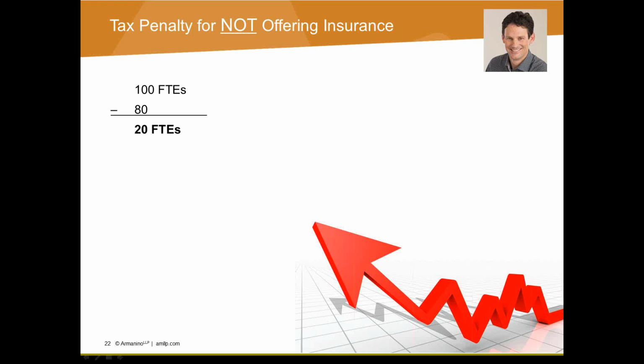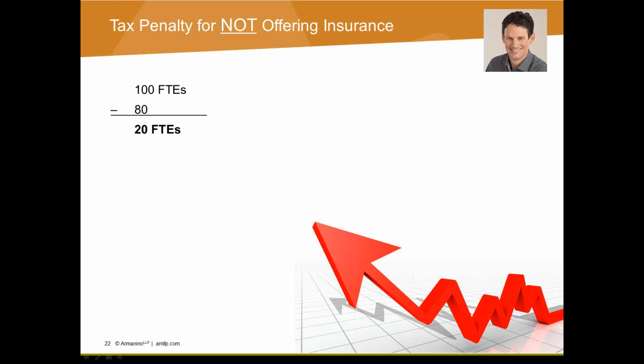First, let's talk about penalty for not offering insurance. And there was some transitional relief here that I will point out. So our first example here is that, as you recall, being a large employer is 100 or more full-time employees and their equivalent. So here we are. You have 100 full-time employees, and unfortunately, you didn't offer insurance to at least 70% of them.